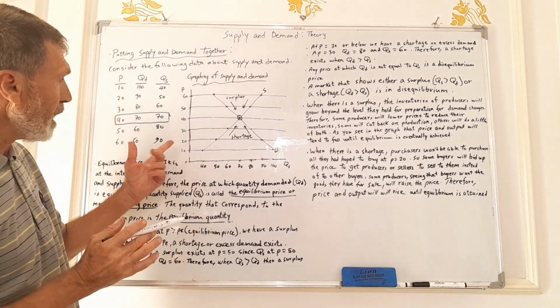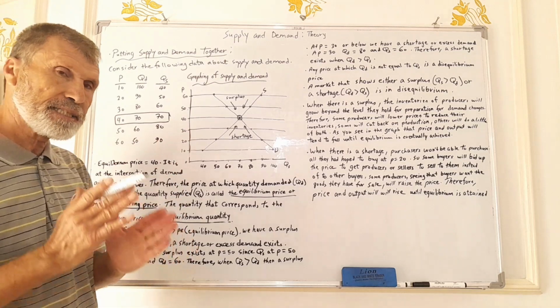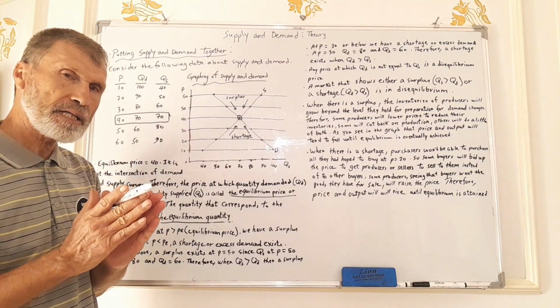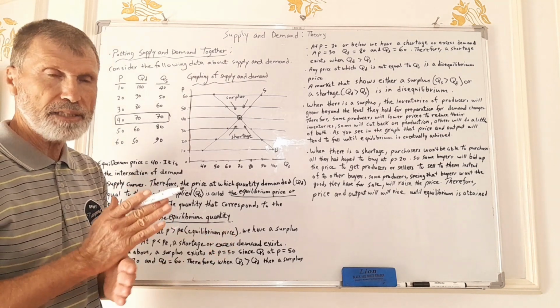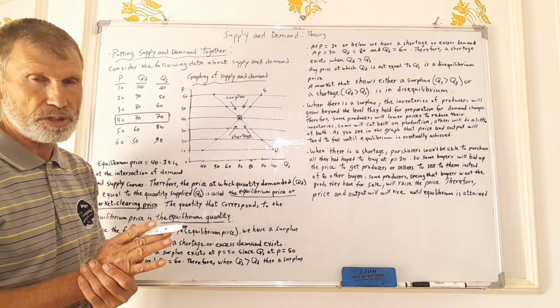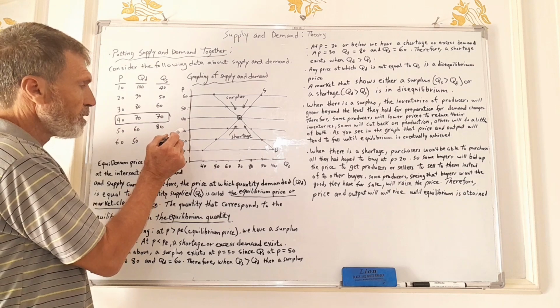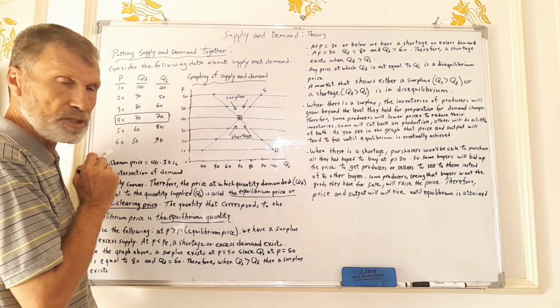So let's look at the other way. What about a shortage? A shortage is attained whenever quantity demanded is greater than quantity supplied. So at any price below 40, whether it's 30 or 20 or 10, you will have a shortage. Why?